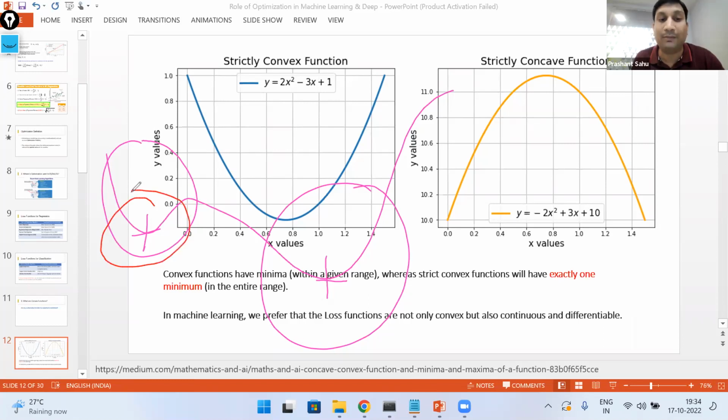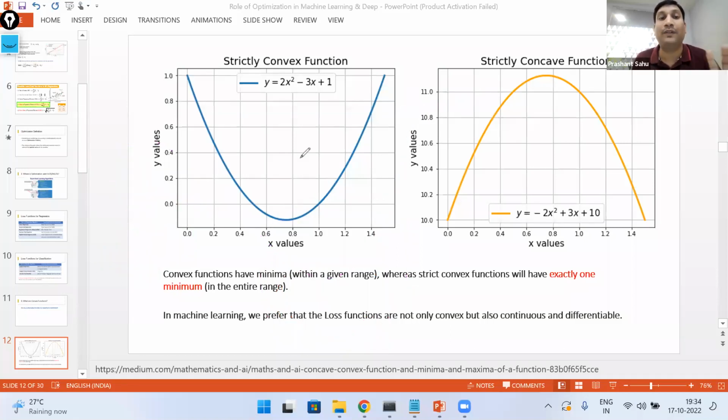So this is a local minima, whereas this is a global minima. Okay, so these are the additional concepts: local minimum and global minimum. So such kinds of loss functions are not advisable. So we normally prefer a strictly convex loss function which has exactly one maxima or minima, right?